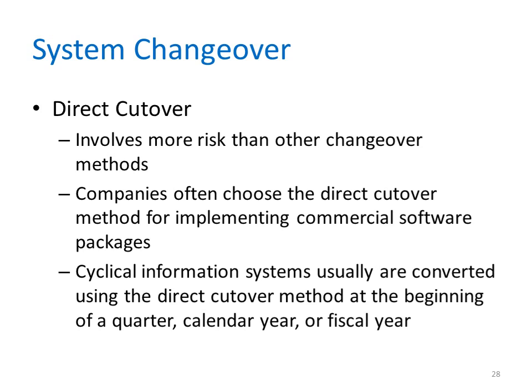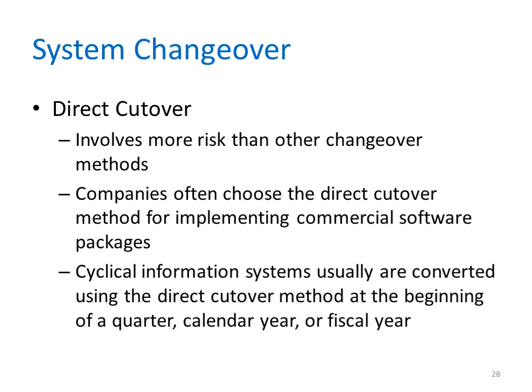Companies often choose the direct cutover method for implementing commercial software packages because they feel that commercial packages offer less risk of total system failure. And timing is very important when you're using a direct cutover strategy. Most systems operate on a weekly, monthly, quarterly, or yearly cycle.